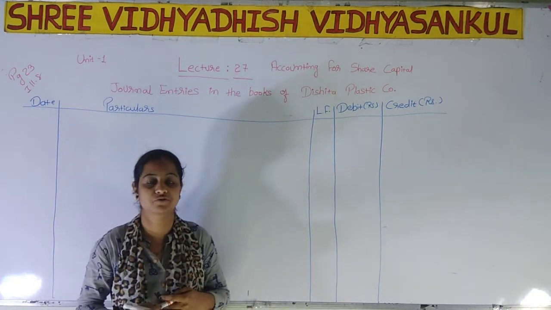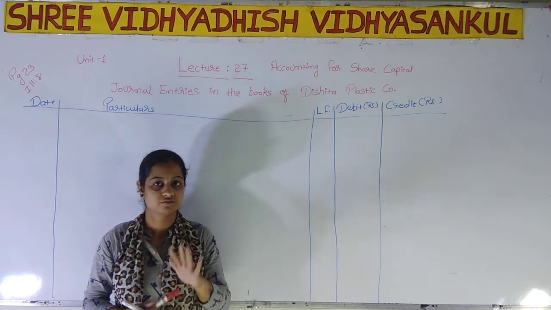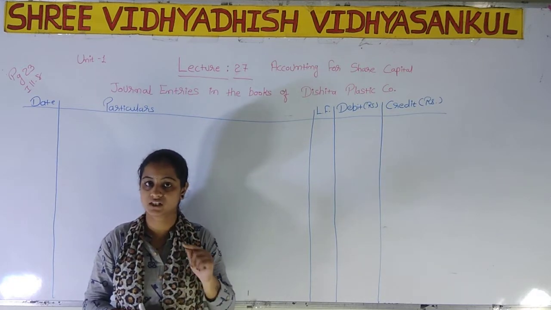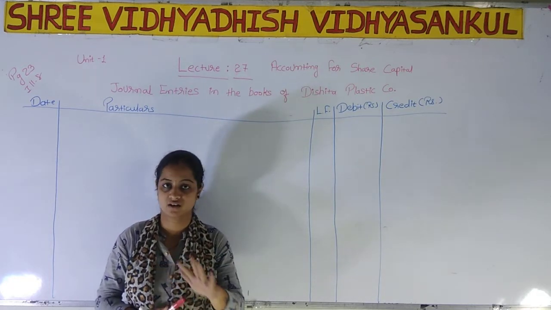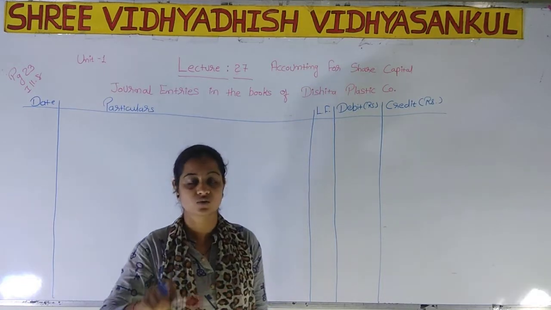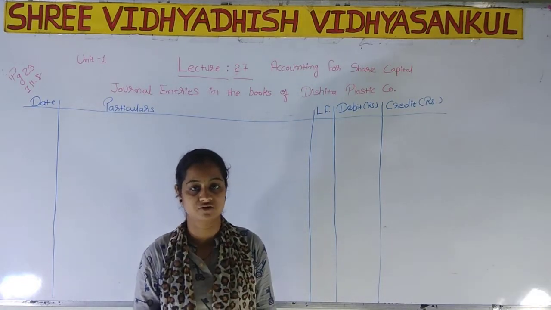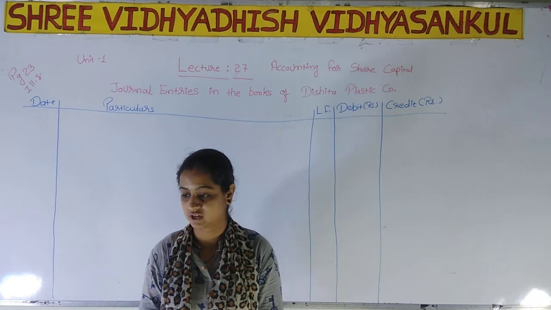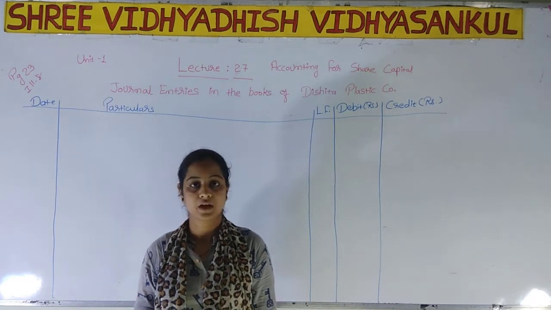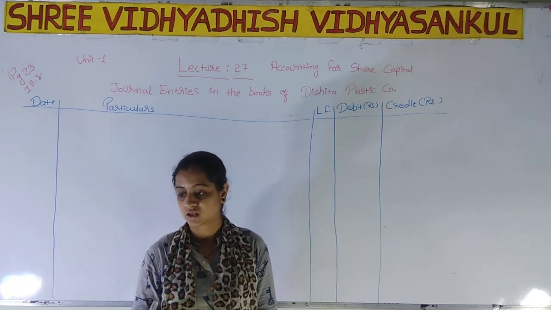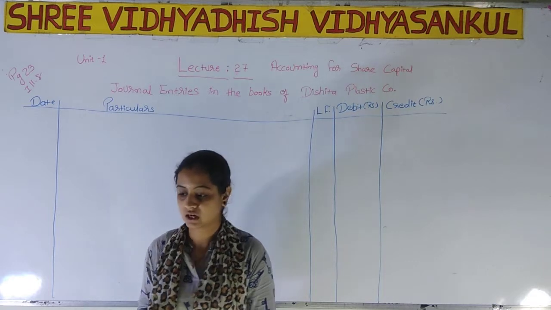The first journal entry is receiving application, but here we don't have to write the receiving entries, right? So we'll directly write the second entry, that will be for transferring, right? See, in transferring, which date will come?